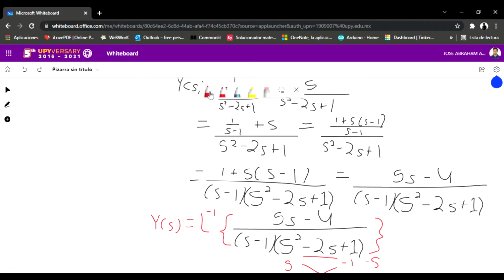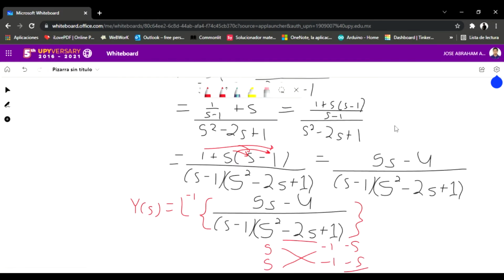And then remember the distributive property: the 1 will multiply this 1 and the s, so this is an s, and the 5 will multiply the s and the minus 1, that is a negative 5. After doing the distributive property, we have 5s minus 4 over s minus 1 times s squared minus 2s plus 1.